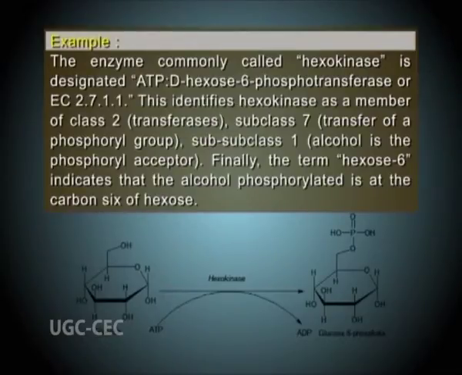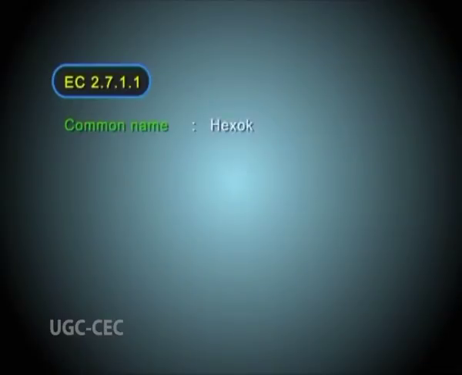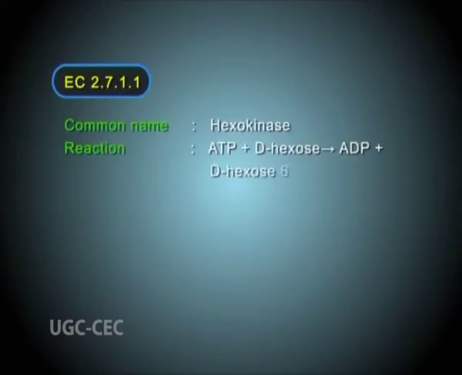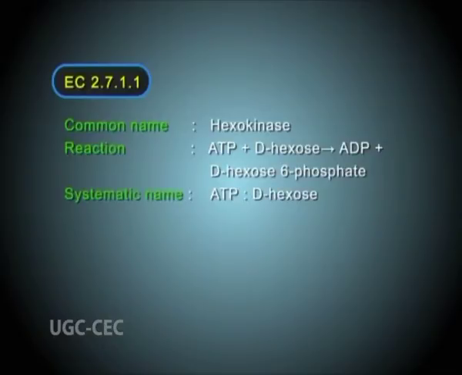And finally, the term hexose-6 indicates that the alcohol phosphorylated is at carbon 6 of hexose. EC 2.7.1.1 has a common name of hexokinase, which catalyzes the reaction of ATP plus D-hexose giving ADP plus D-hexose 6-phosphate, and has a systematic name of ATP:D-hexose-6-phosphotransferase.